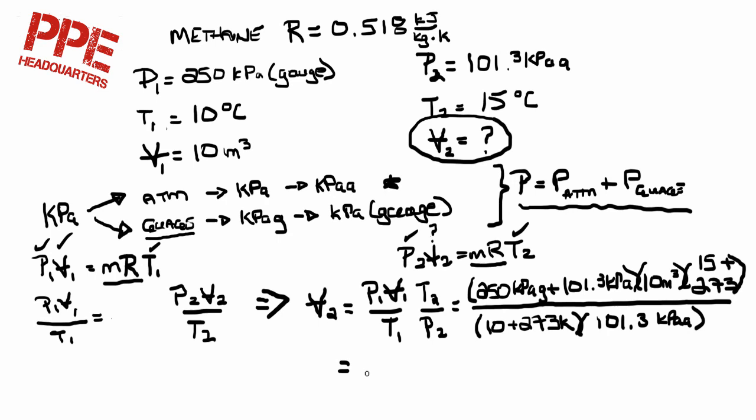So going 250, 101.3, add that, 10 cubes times 15, 273 plus times 10, 273, add 101.3 times divide. Okay, that gives me 35.3 meters cubed.